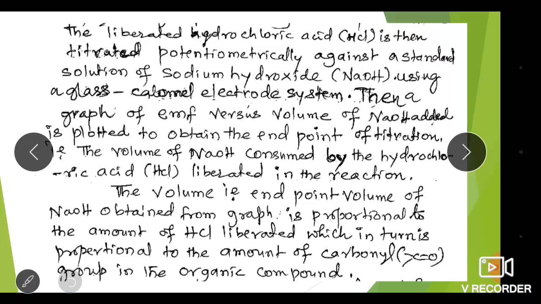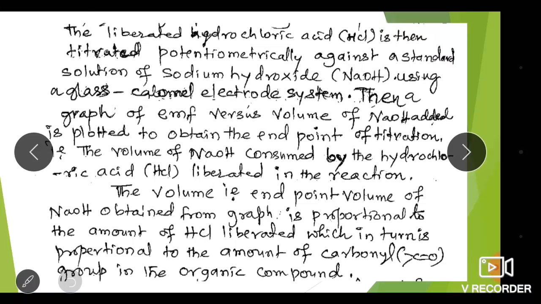Then a graph of EMF versus volume of NaOH is plotted to obtain the end point of the titration, that is the volume of NaOH consumed by the HCl liberated in the reaction. So the end point volume of NaOH obtained from the graph is proportional to the amount of HCl liberated, which in turn is proportional to the amount of carbonyl group in the organic compound.